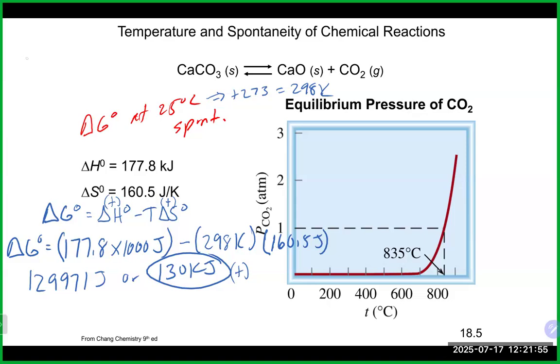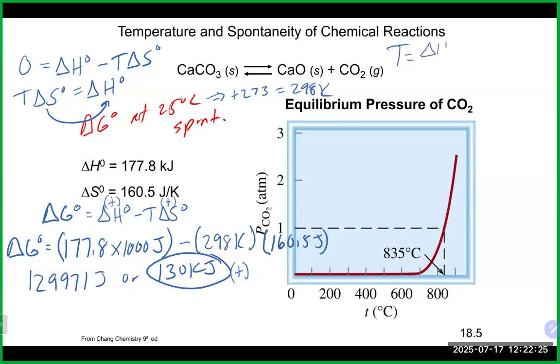We could set delta G equal to 0, because we know delta G needs to be negative, which is on the other side of 0, and delta H minus T delta S. If I rearrange this and solve, that gives me T delta S is equal to delta H. Obviously, we're going to divide by delta S on the other side, and that gives me the temperature is equal to delta H divided by delta S. Once again, you still have unit issues, so you have to make sure you get into the same units.